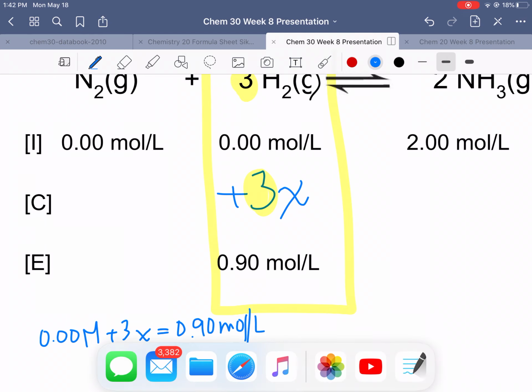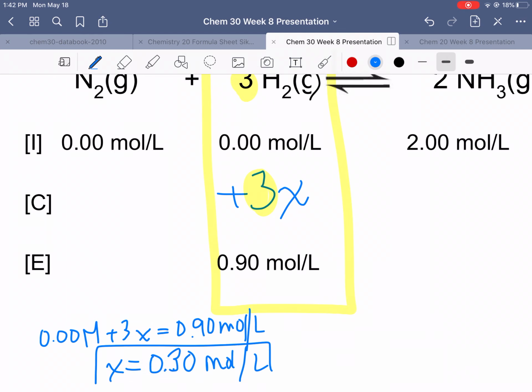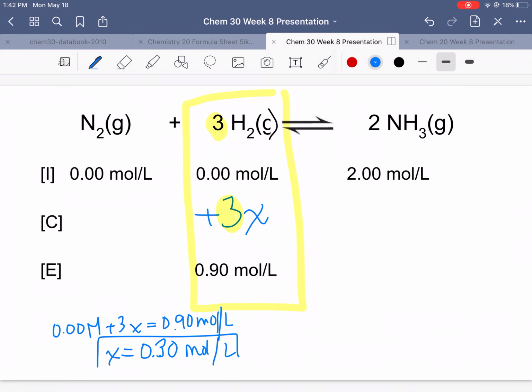Why is that so important? Because that x amount tells us how the other reactant and product are changing. How do they change? Nitrogen gas has a 1 in the front. So it is going to increase. Why is it increasing? Because it's a reactant. Hydrogen's a reactant. If the hydrogen increases, the nitrogen must as well.